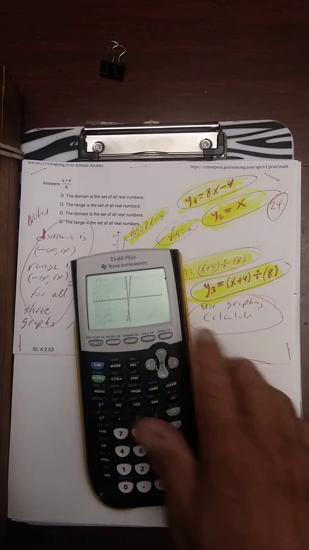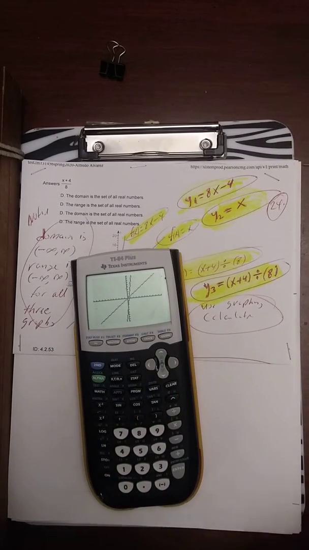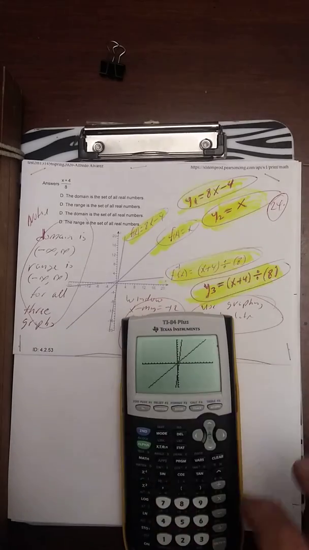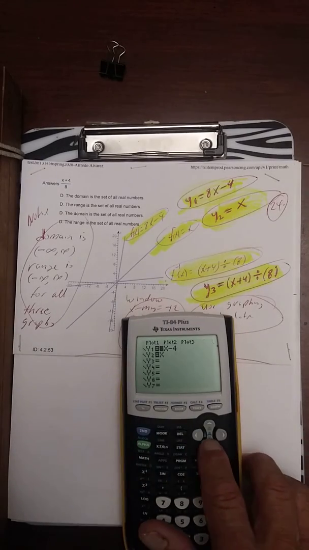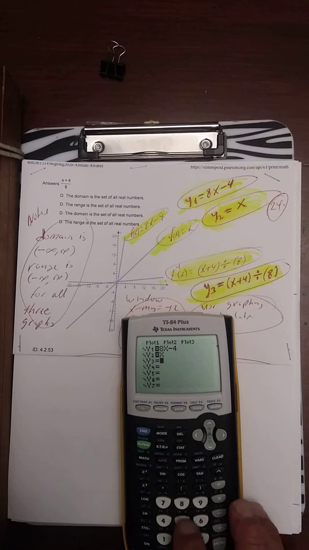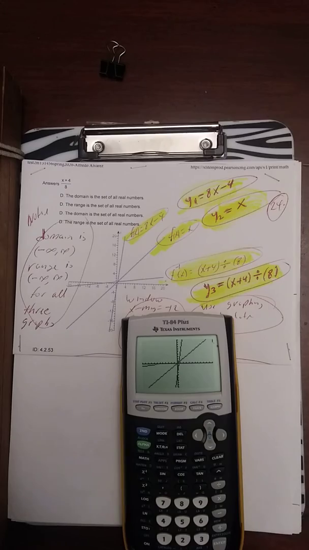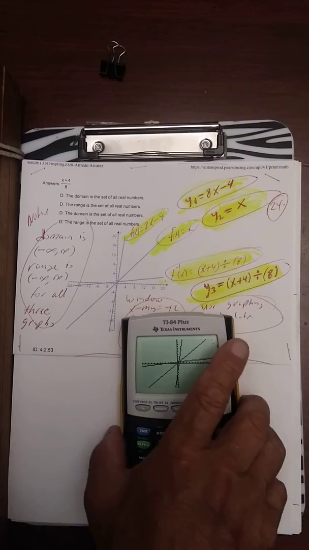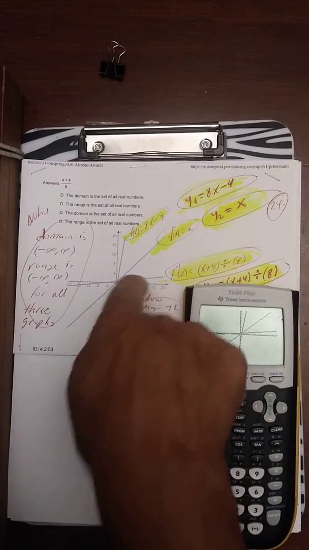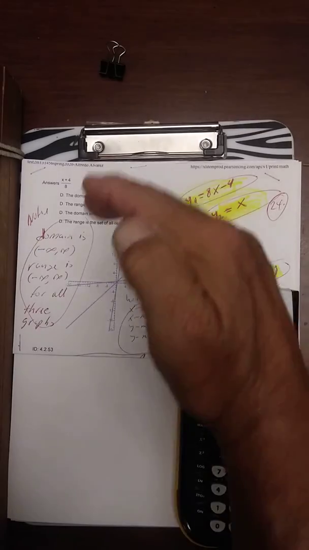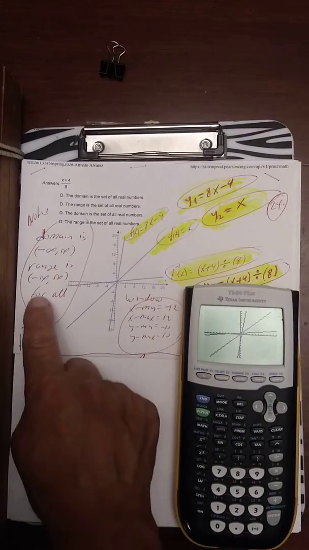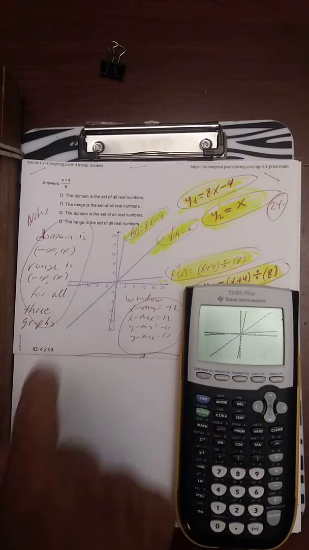So put that one in and graph it. And then the last one, the inverse function, we have parentheses x plus 4, close parentheses, divided by 8. And let's hit graph. So we get the 3 graphs, which look like these right here. Notice the domain and range of these guys, it's always negative infinity to infinity for all 3 of these graphs.